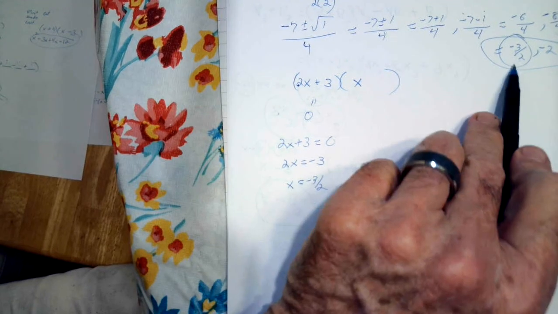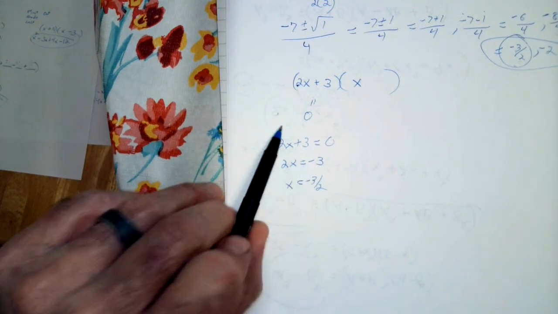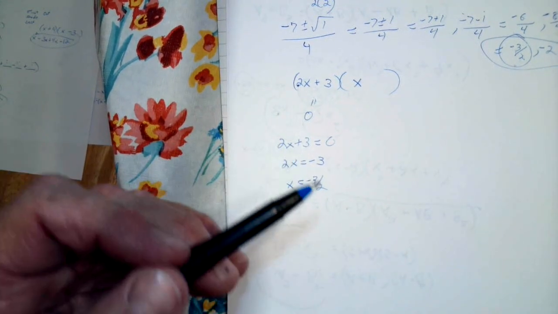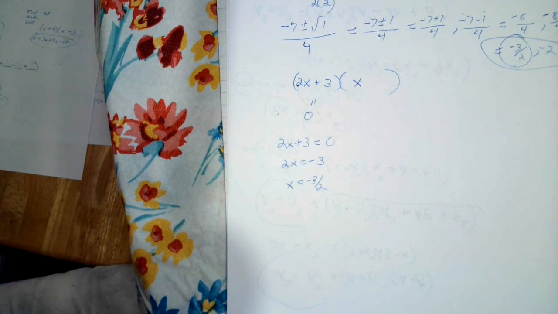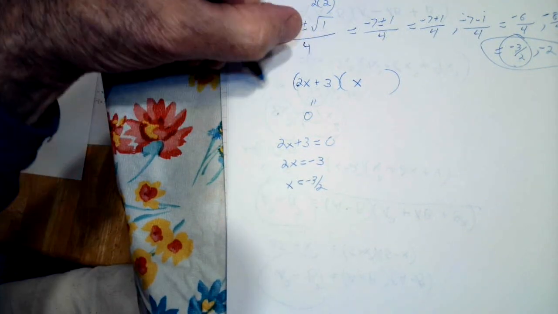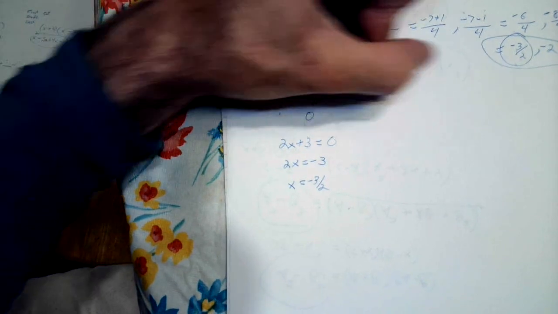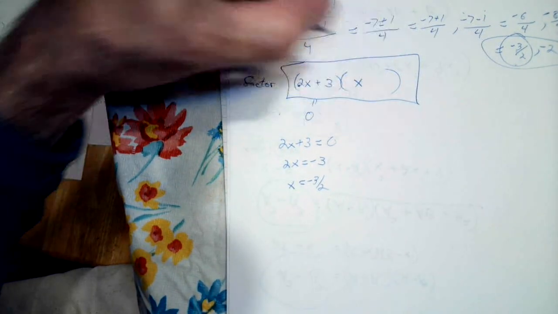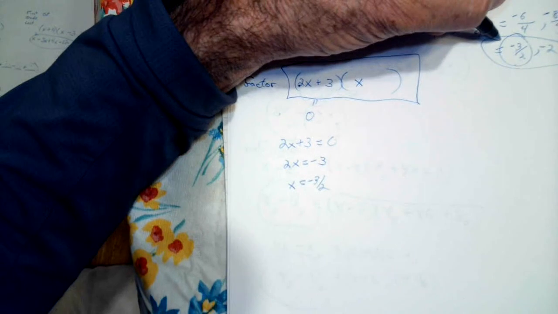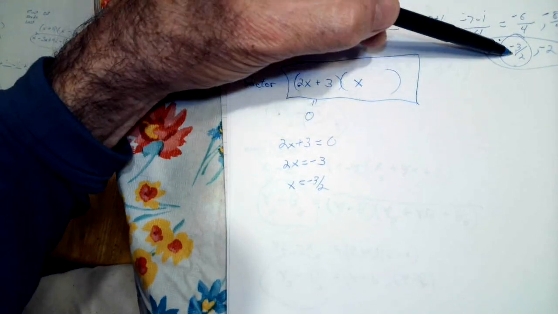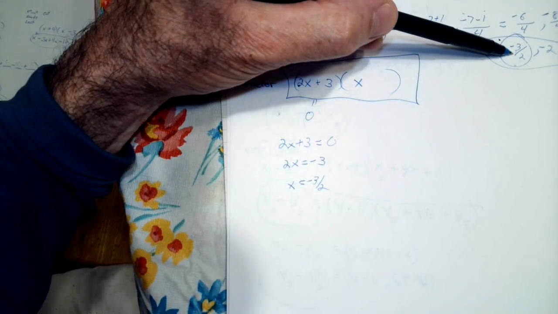Since I know that's the solution, I'm just going backwards to get to this. Let me give you the shorthand again. If the question is factor, that's the answer they want. They don't want this. That's the solution, or where they cross the x-axis, or what the zeros are.